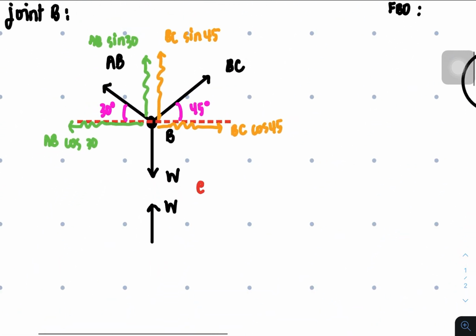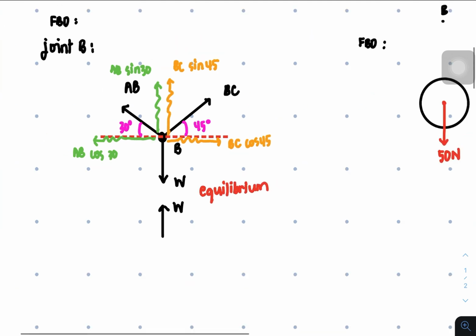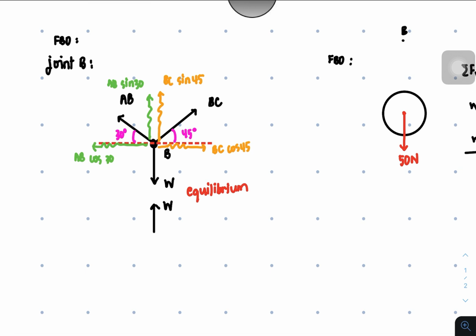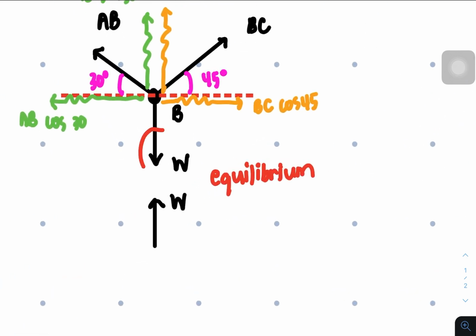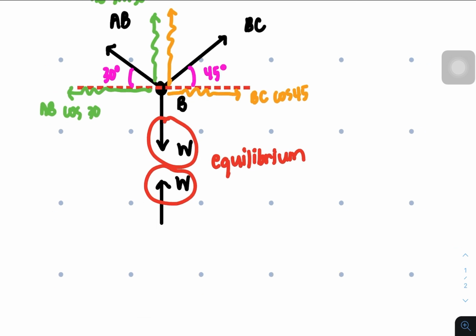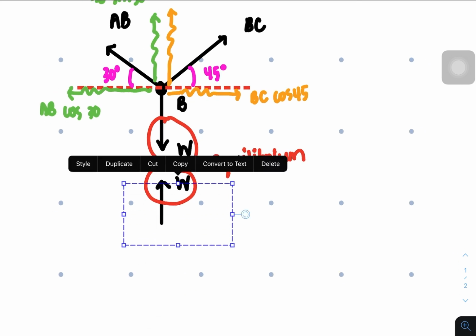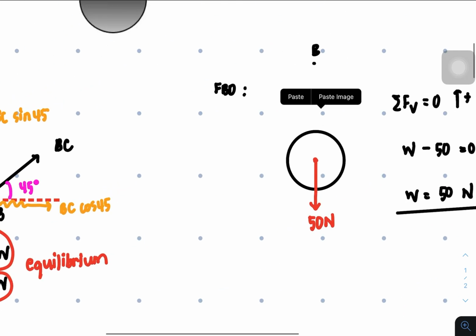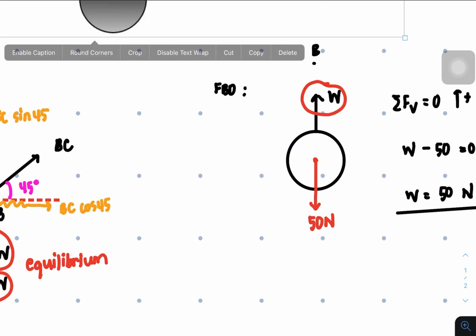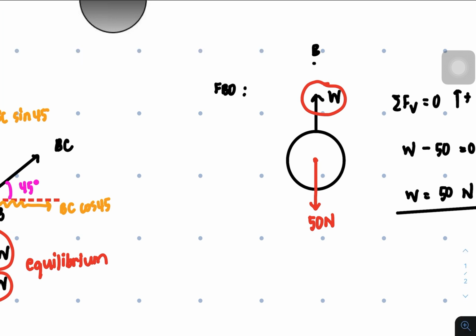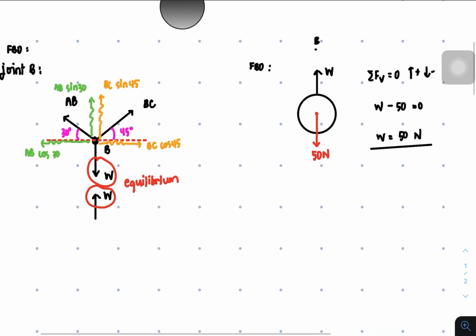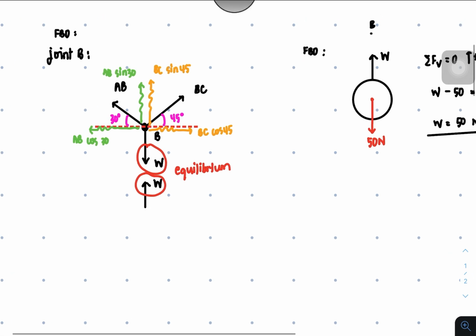So this is equilibrium. Since we have two different free body diagrams, the two common forces must always be in opposite directions. So we are going to copy this one towards here for this free body. Okay, so now we have the value of W.